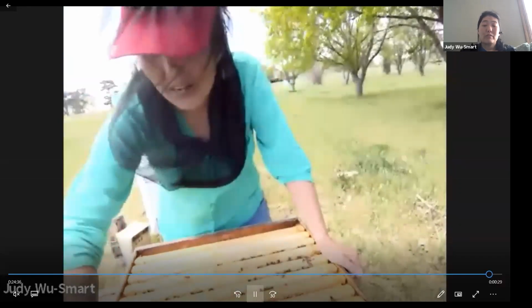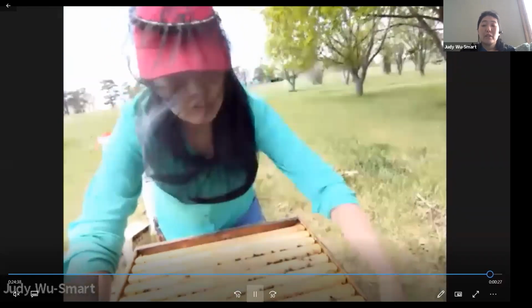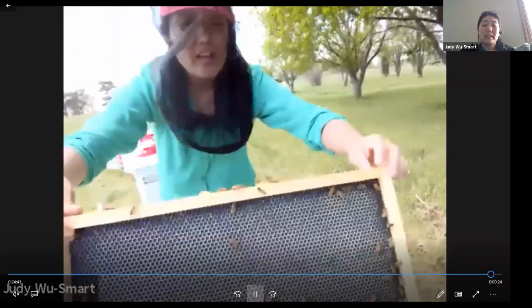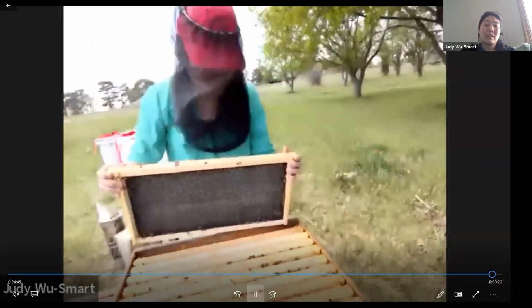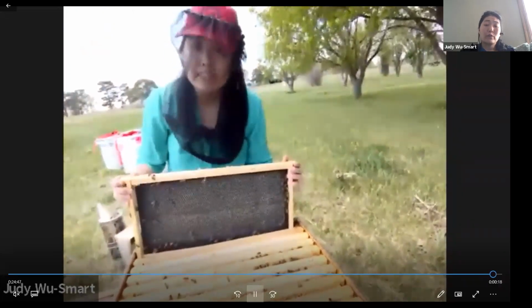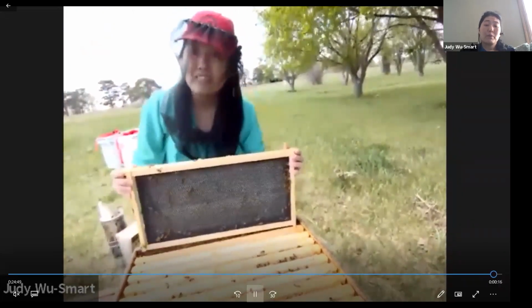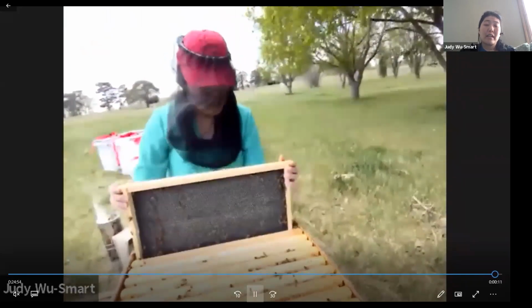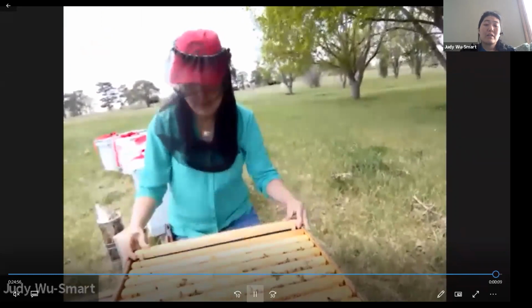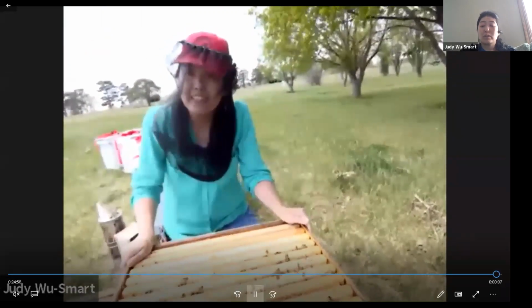And so it's really important for us to think about the importance of these bees and the role that they play in our ecosystem. They're not just pollinating a lot of our food crops, but they are able to pollinate many of our native forbs and keep our natural landscapes going as well.